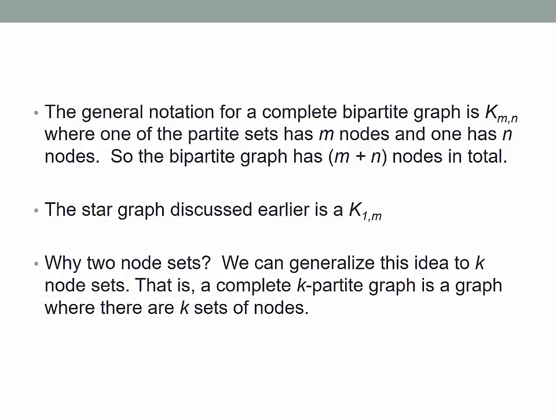This can be generalized. We wouldn't have to necessarily partition our node set into 2 partite sets. We could partition them into, say, K partite sets. And so we would call this the complete K-partite graph, where there are K sets of nodes.